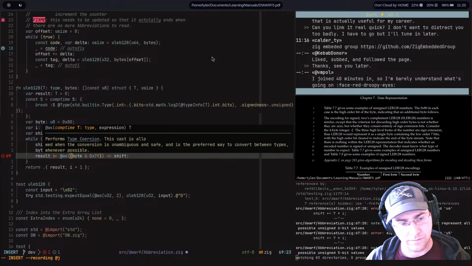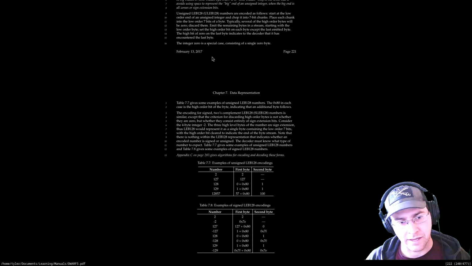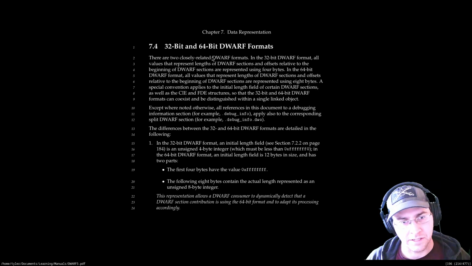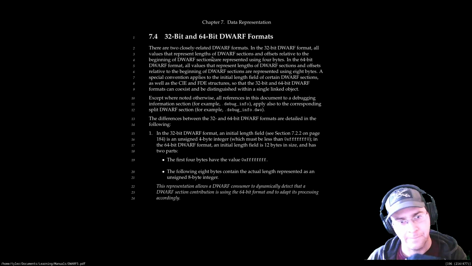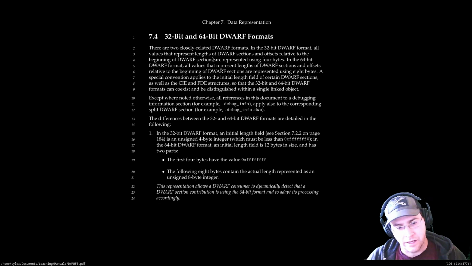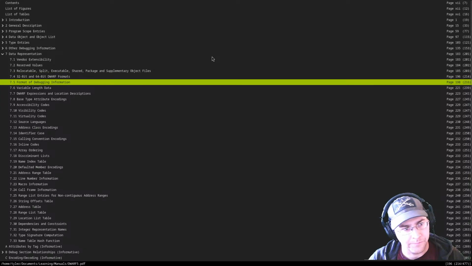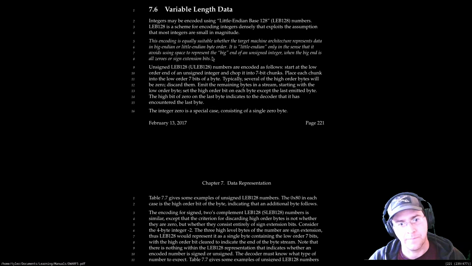And in the debugging spec for Linux, well, it's not just for Linux, but it's the DWARF format, there's a certain way they encode integers. You might have heard of them if you've done Go.